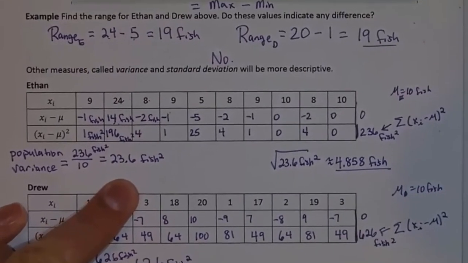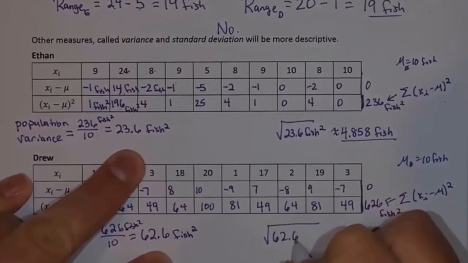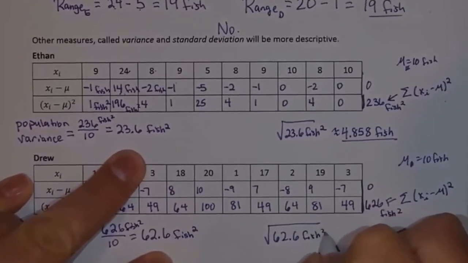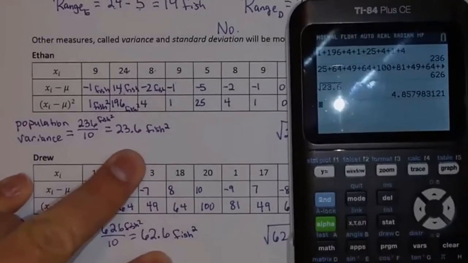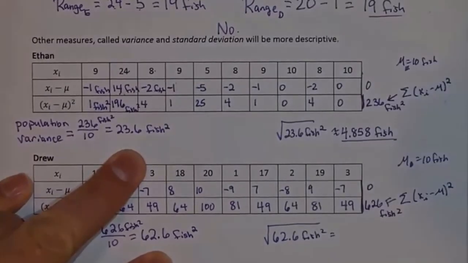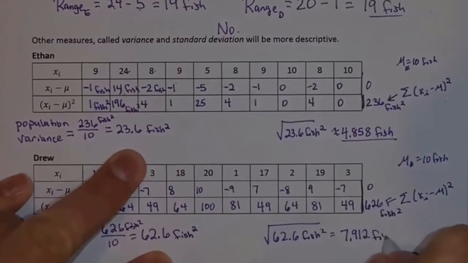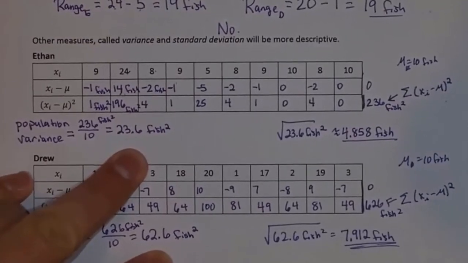And if I do the same thing for Drew, if I take the square root of 62.6 square fish, the square root of 62.6 is 7.912, so 7.912 fish.